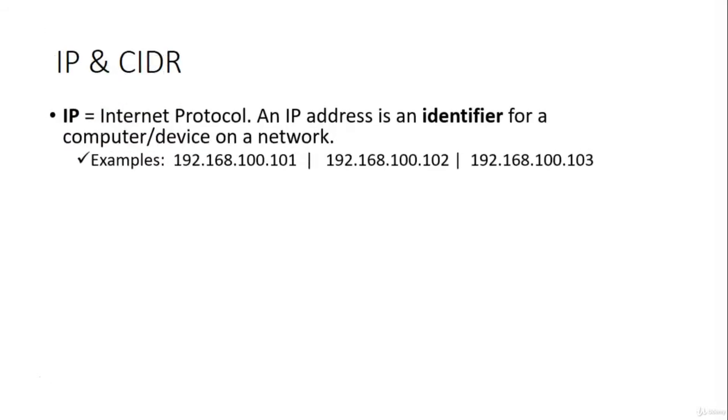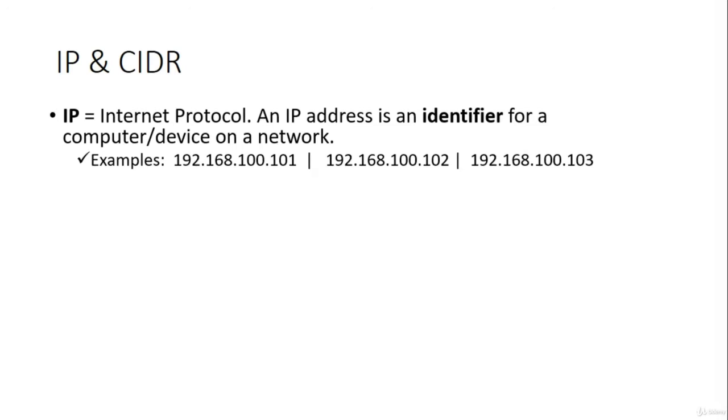IP is Internet Protocol. An IP address is an identifier for a computer or device on a network. So the way a zip code identifies an area, in a similar fashion, an IP will identify a computer or a device on a network. The device can be anything, any connected device.